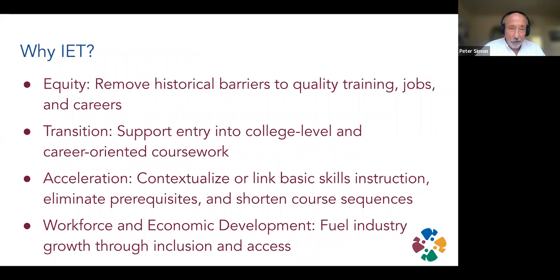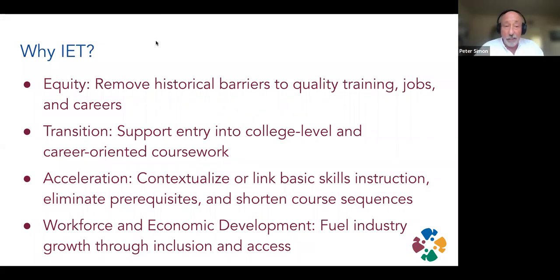I'm not going to read this whole slide to you, but fundamentally, particularly in this post-pandemic period where there's an incredible number of people who have been dislocated or have left jobs and need to get back in the workforce but do not have a lot of time to be in long training programs, IET is both an equity strategy, in terms of dealing with a lot of barriers, and simultaneously an acceleration strategy, meaning people can get to occupationally related training much faster with the IET approach.